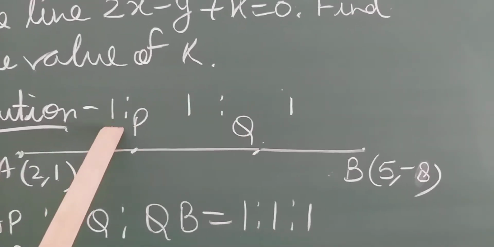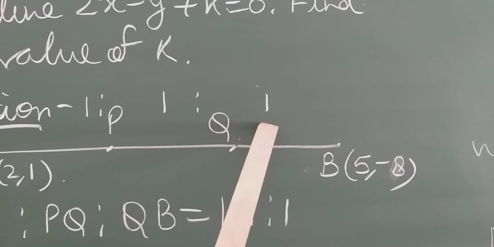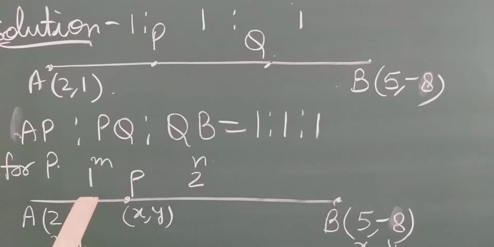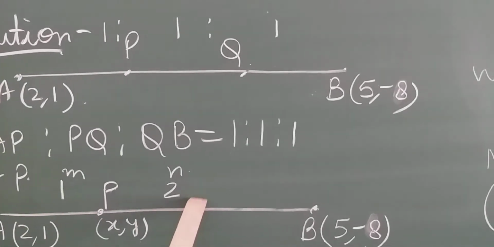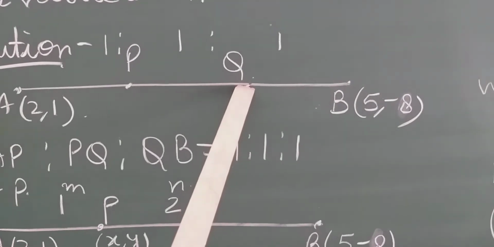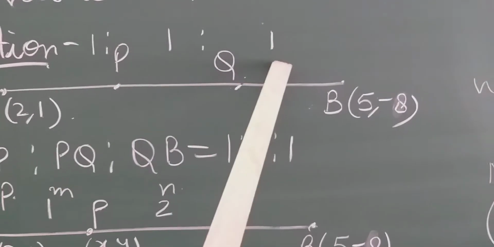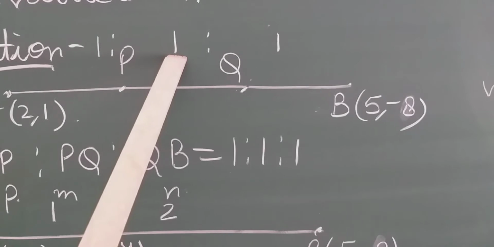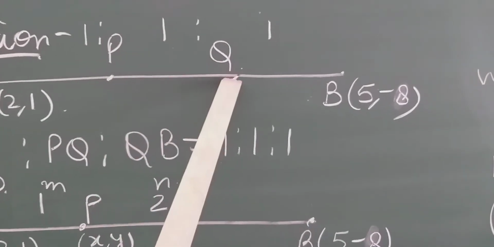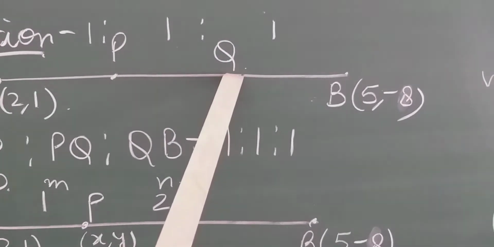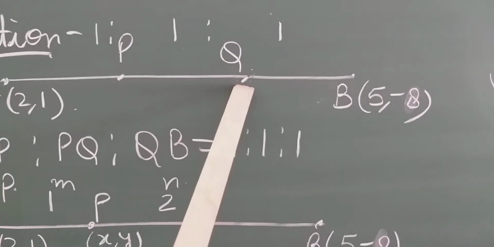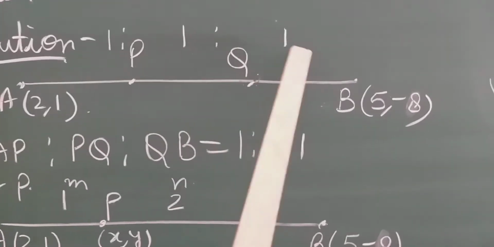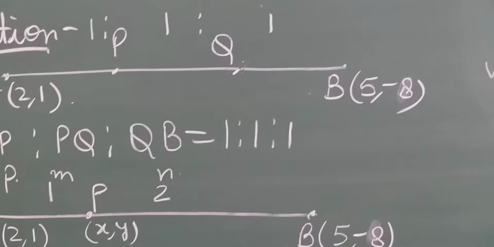That's why we have supposed here 1 is to 1 is to 1. So for P the ratio will be 1 is to 2. But for Q, student, the ratio will be 2 is to 1. We have to add these 1 and 1. If the question is asking to find the coordinate of Q, then the ratio will be 2 is to 1 and we have to use the section formula.